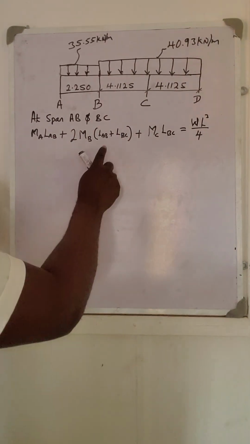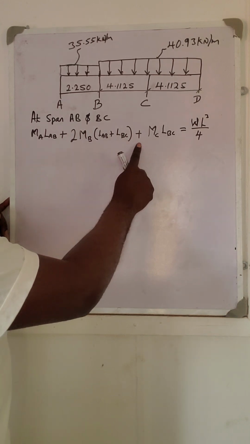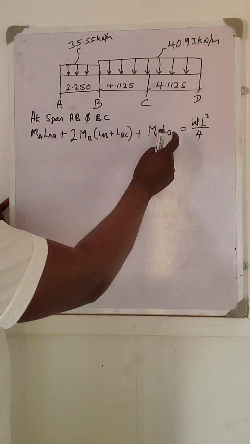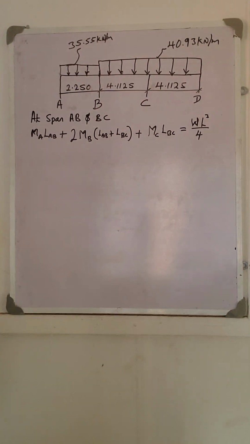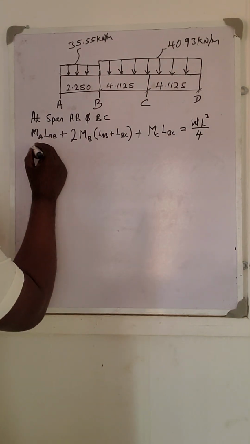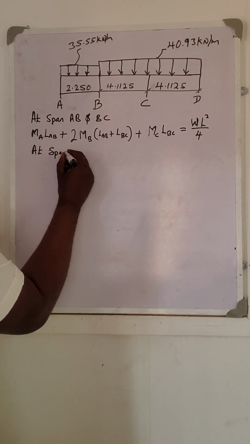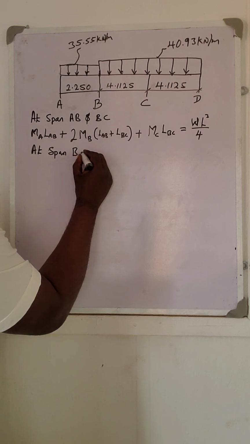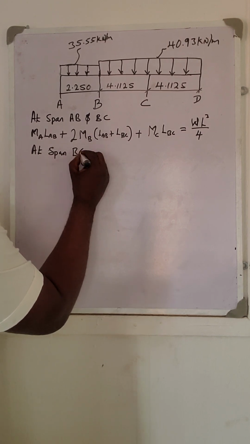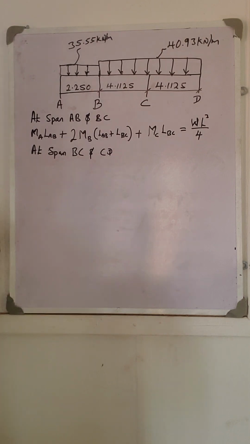So 2MB times LAB plus LBC, plus MC multiplied by LBC. Then we have span BC and CD as well.